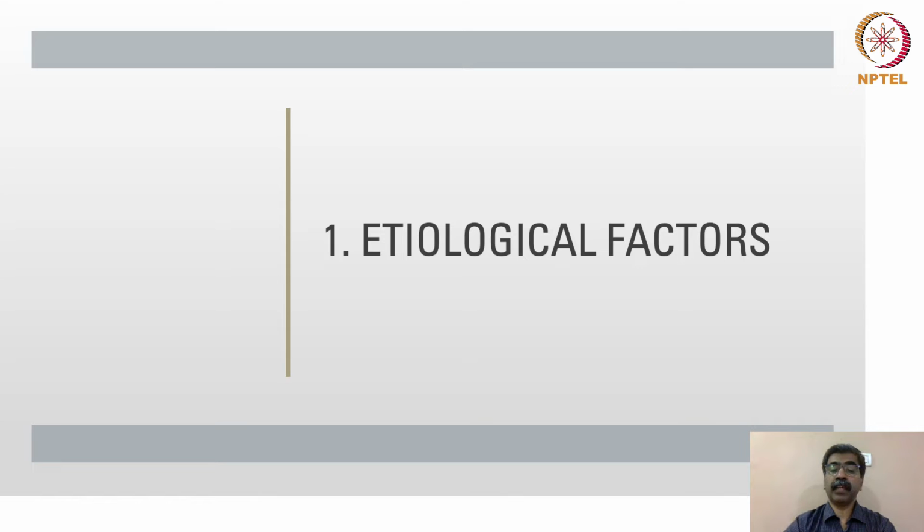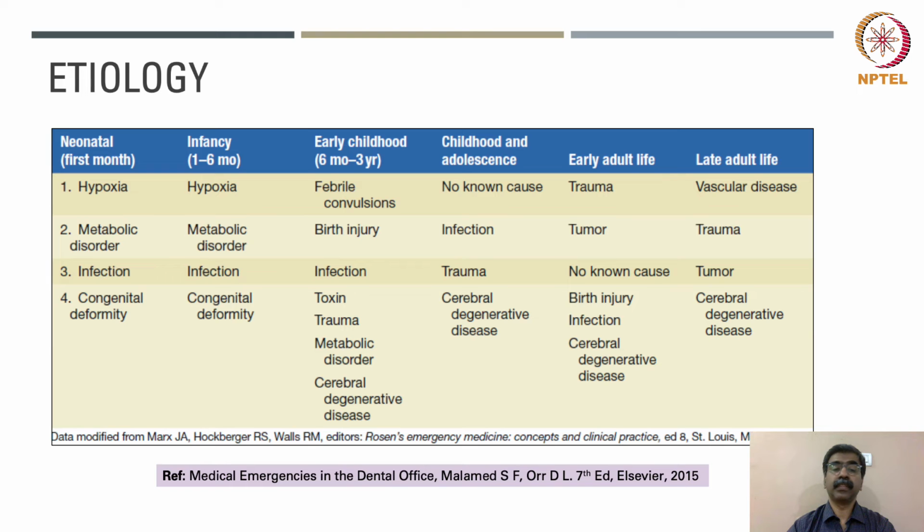What are the etiologic factors? In neonatal, infancy, early childhood and adolescence, early adult life, and late adult life. In neonatal, it can be hypoxia, metabolic disorders, infection, congenital deformity.